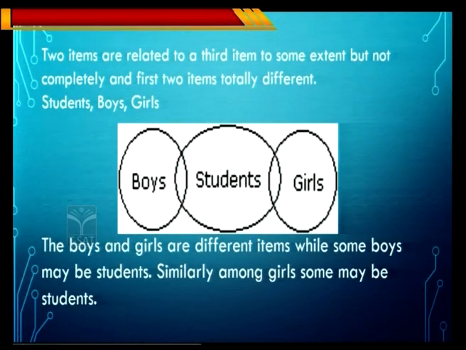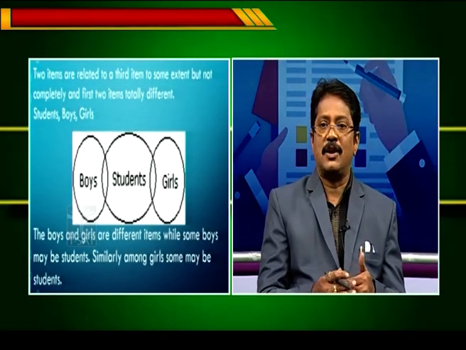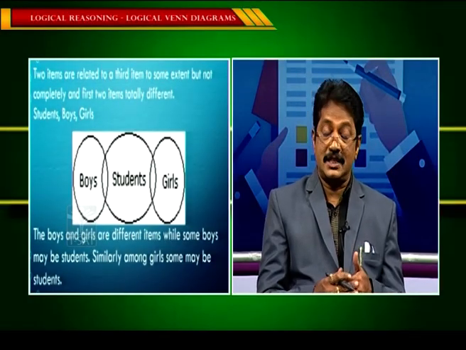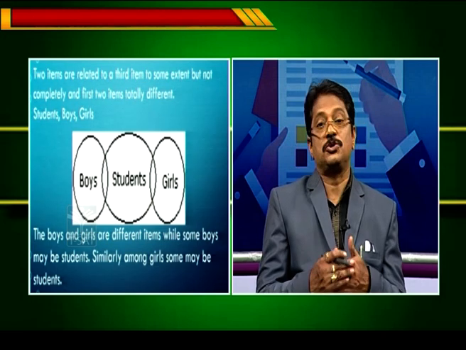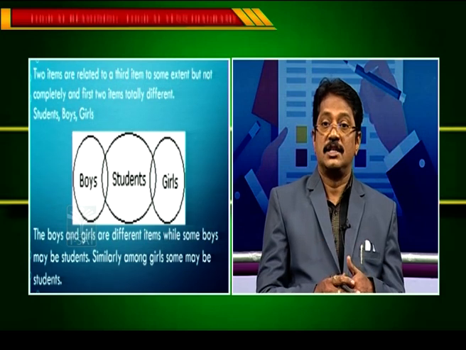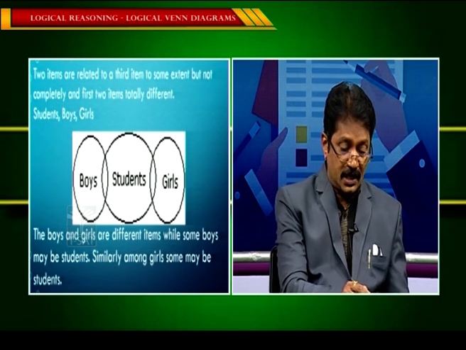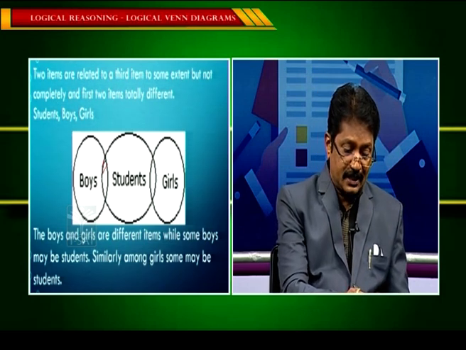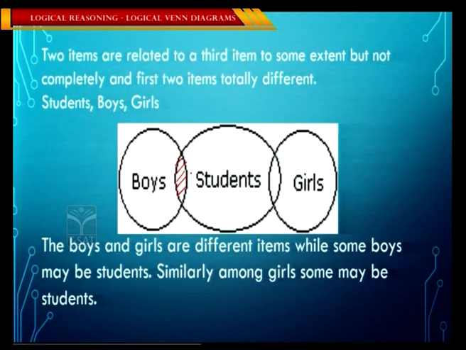These are the three items here. Here, all boys need not be students, and all girls need not be students. So, some boys are students. This area represents that some boys are students, or some students are boys.